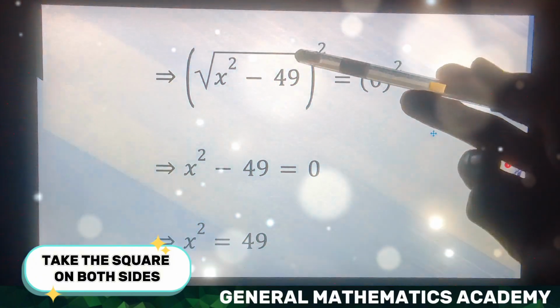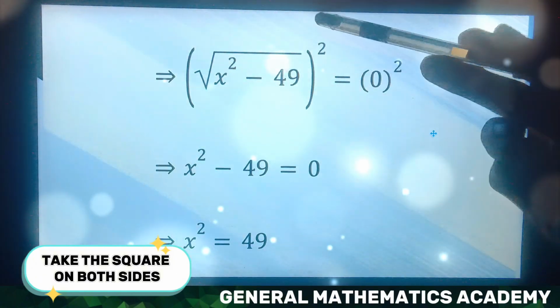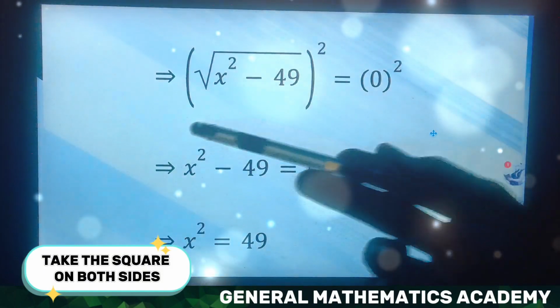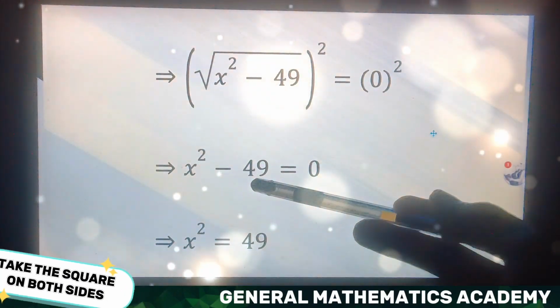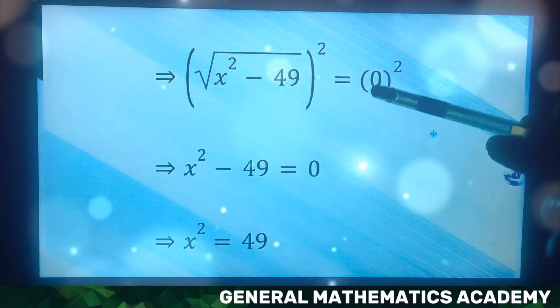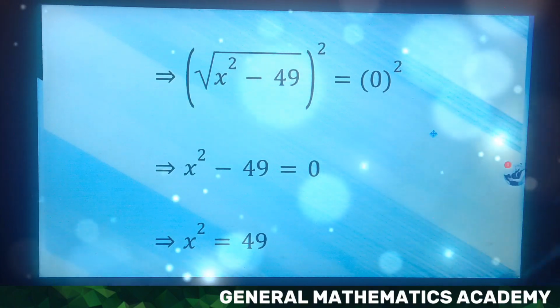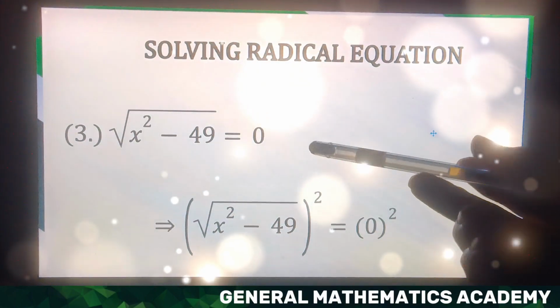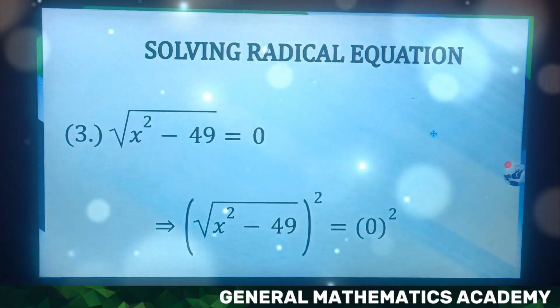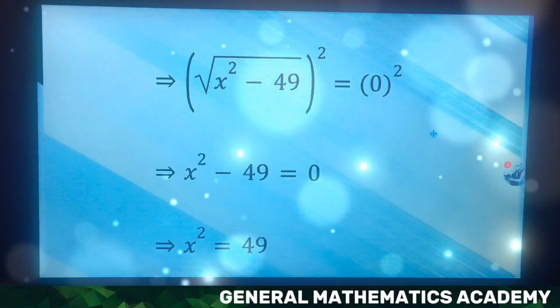So 1/2 times the exponent 2 will give us 1. That's why the remaining on the left hand side of the equation is x squared minus 49, and the second power of 0 will give us 0. As you can see, this is a radical equation reducible to quadratic equation.